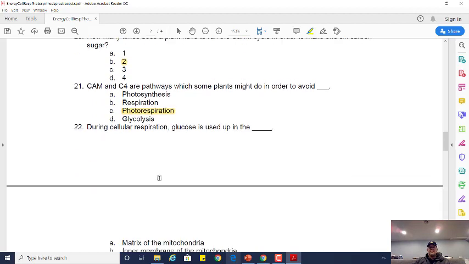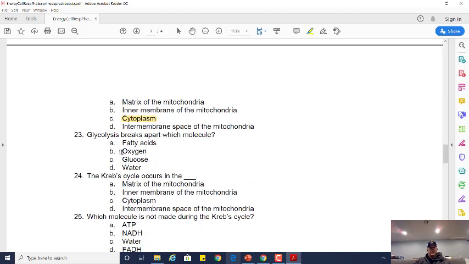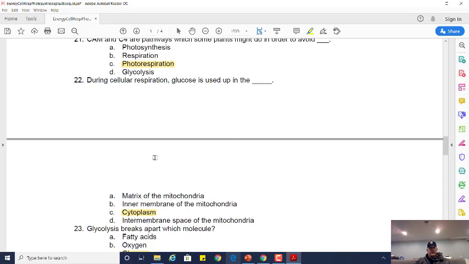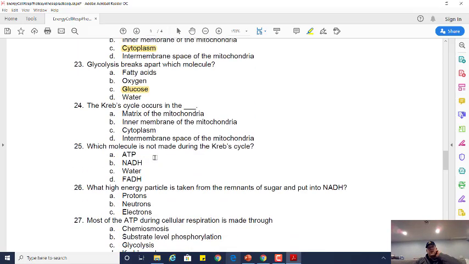During cellular respiration, glucose is used up in the cytoplasm during glycolysis. Sorry, that's a wraparound. Glycolysis breaks apart glucose. That's a little bit of, like, 22 is asking where, and 23 is asking what's the name, more or less. Krebs cycle occurs in the matrix of the mitochondria.